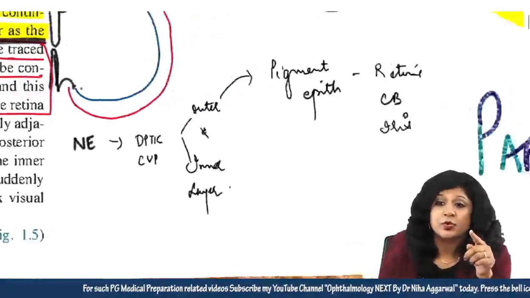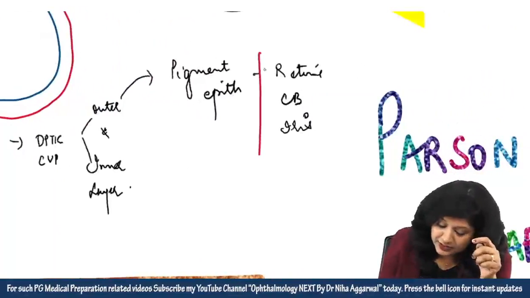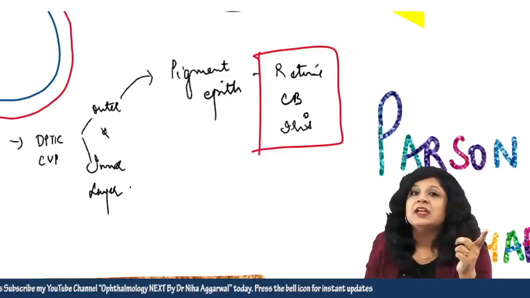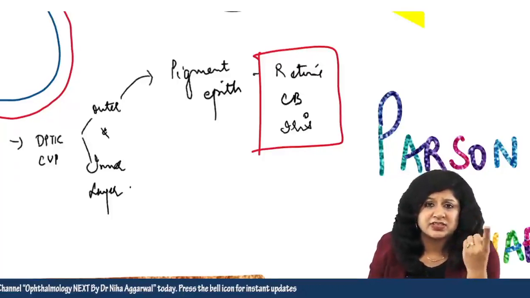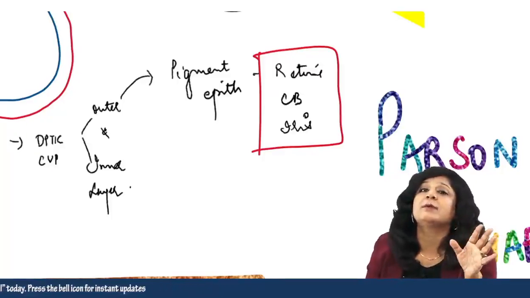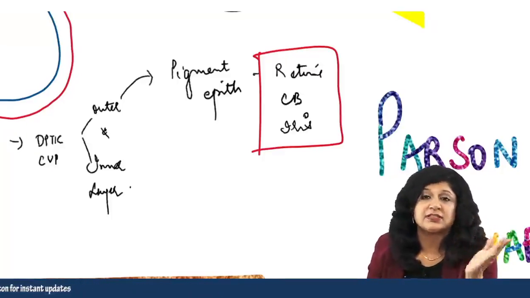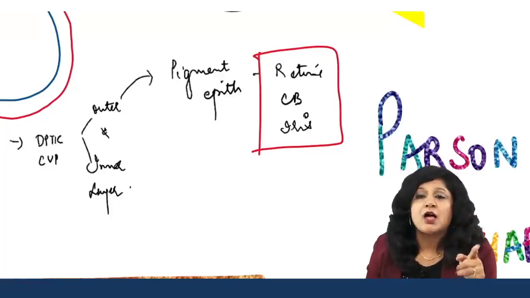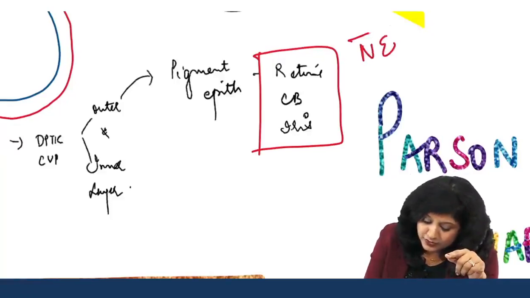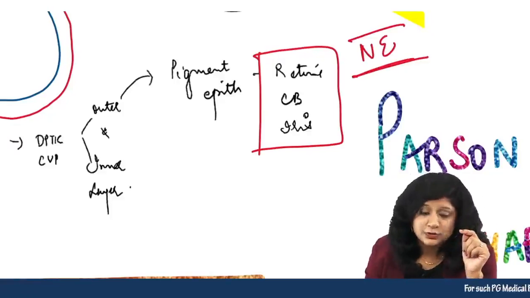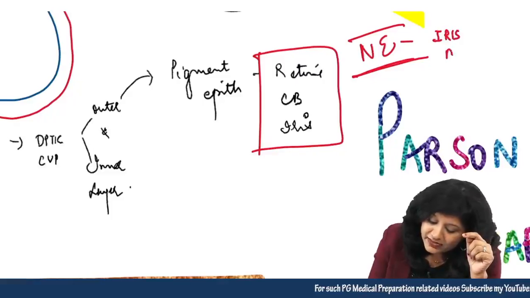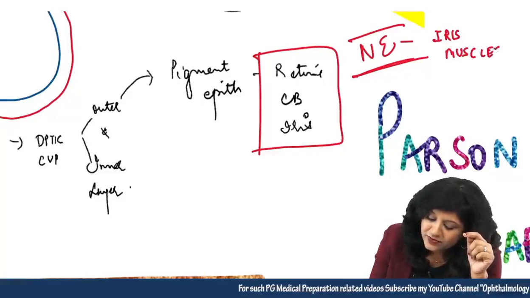So the pigment epithelium of the retina, ciliary body and iris are continuous, and that is why the epithelium of the conjunctiva, cornea, eyelids and lacrimal apparatus comes from the surface ectoderm, but the epithelium of the retina, ciliary body and iris comes from the neuroectoderm. The neuroectoderm also gives rise to the iris muscles.